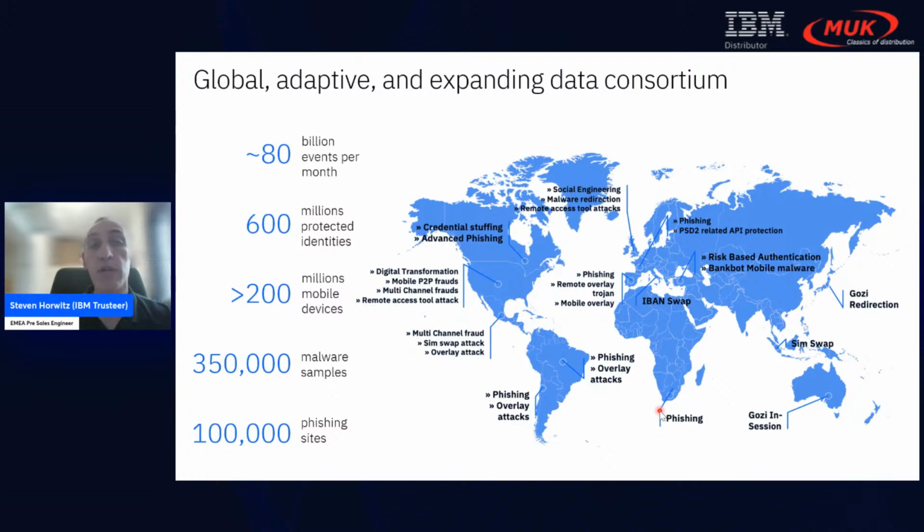This is important because threats begin in one area, one geolocation in the world, and will quickly spread to other geolocations. A vendor that does not cover the entire planet will not know if new threats are emerging and therefore will not be able to protect some of their customers in other areas.